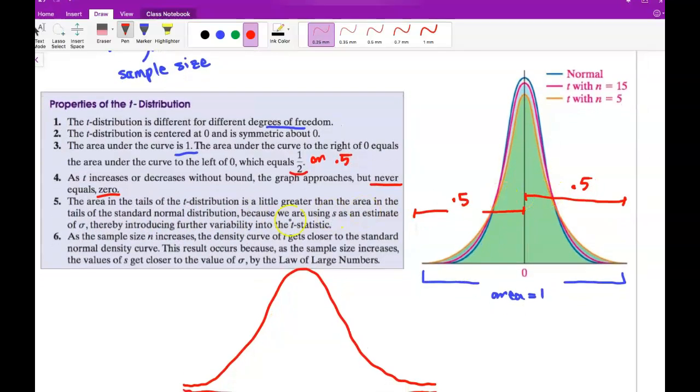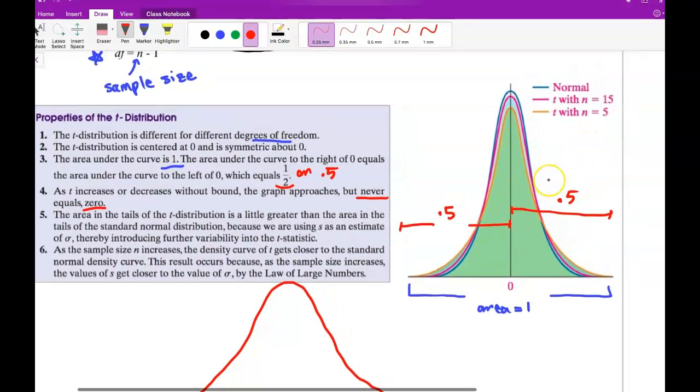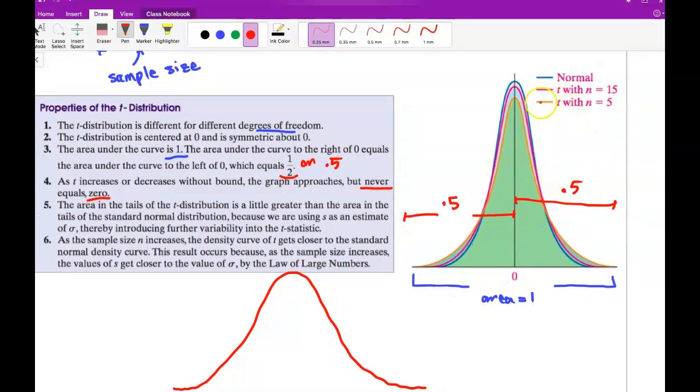Okay, then I'll explain what we have here in number 5 and 6 based on this t distribution. So this yellow one is a t distribution when our sample size is equal to 5. When we increase the sample size, for example to 15, that is the red one here.